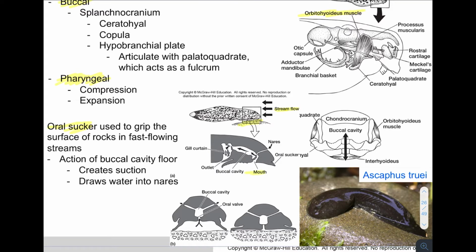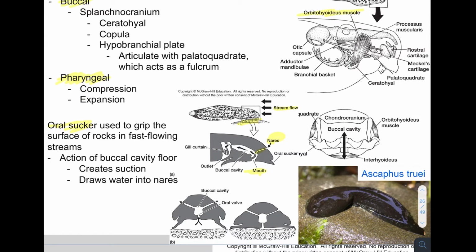Now, the reason why this is important for the breathing of the tadpole is because the suction is coming from the mouth, and therefore the mouth is not available for breathing any longer regarding the internal gills. And so what's going to happen is that the nares is going to open.